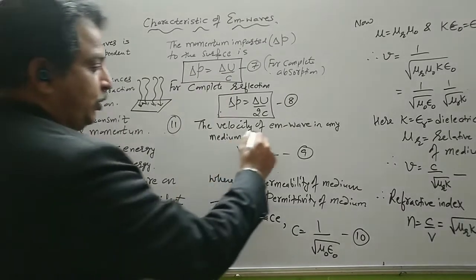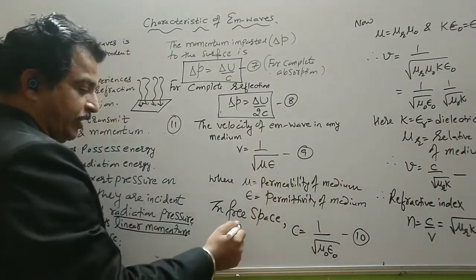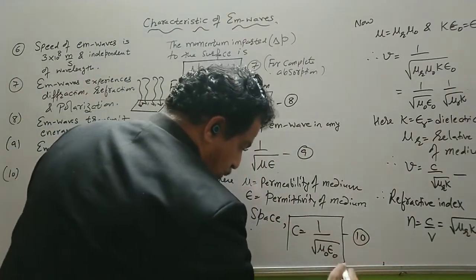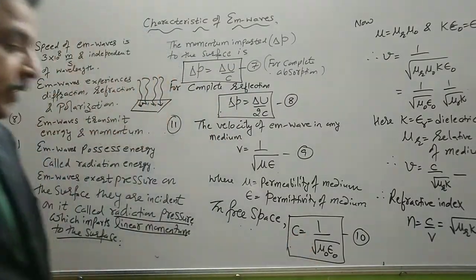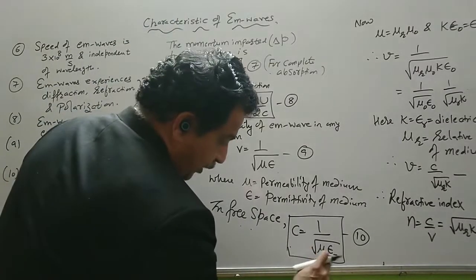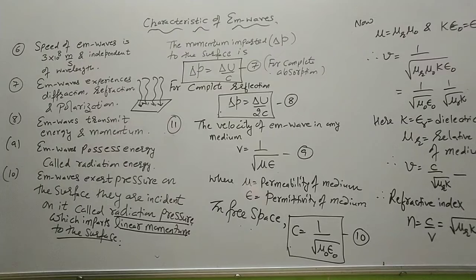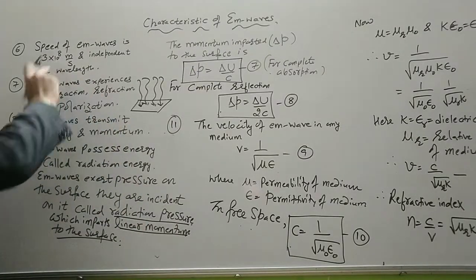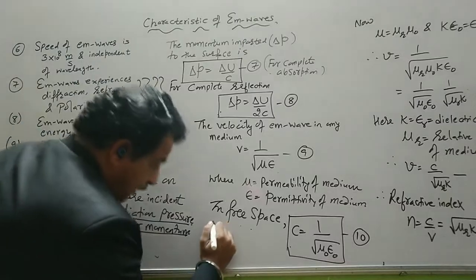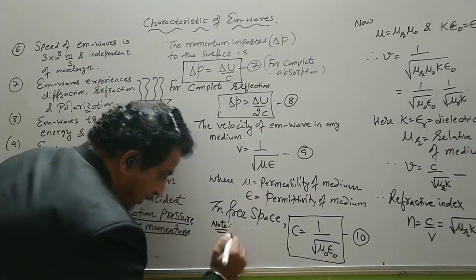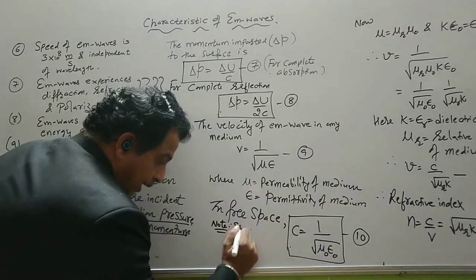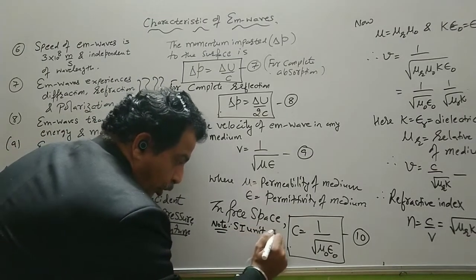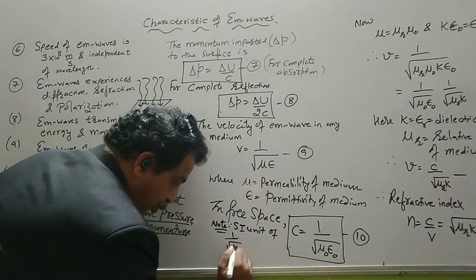Then we have the velocity of EM waves in any medium. For free space or vacuum, C is equal to 1 upon root of mu naught epsilon naught. If you substitute the values of mu naught and epsilon naught, you will get C equal to 3 into 10 raised to 8 meter per second. Many times an MCQ is asked: what is the SI unit of 1 upon root of mu naught epsilon naught?